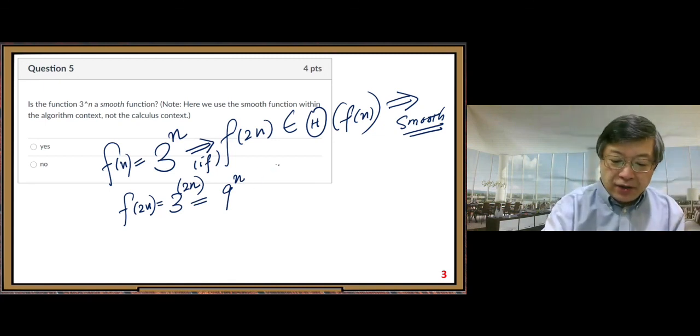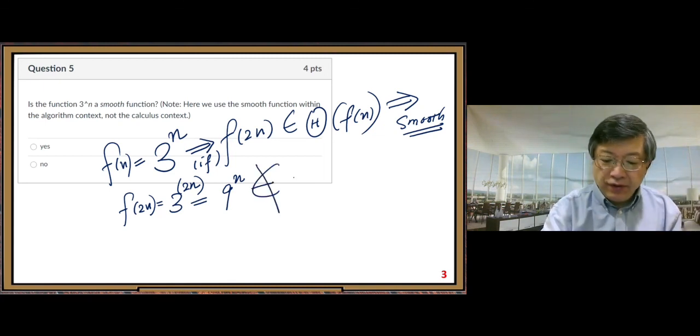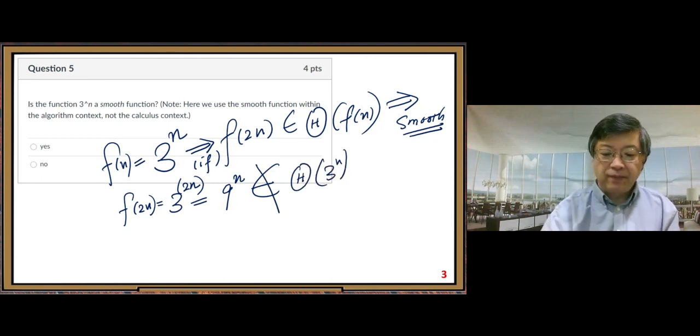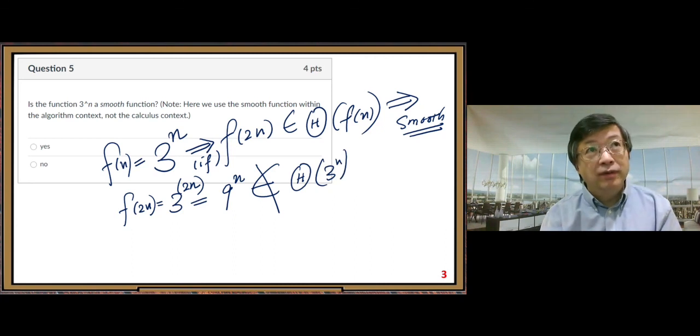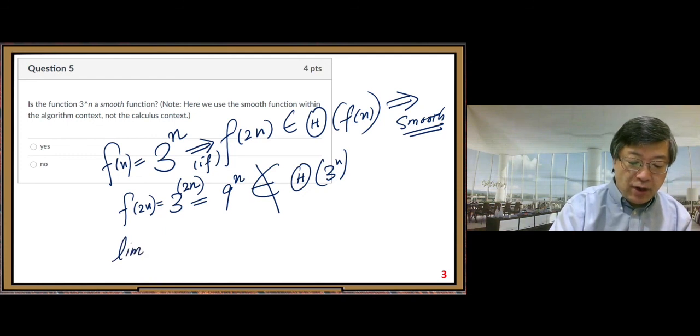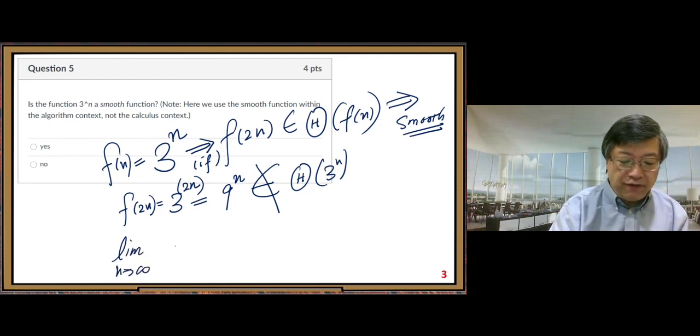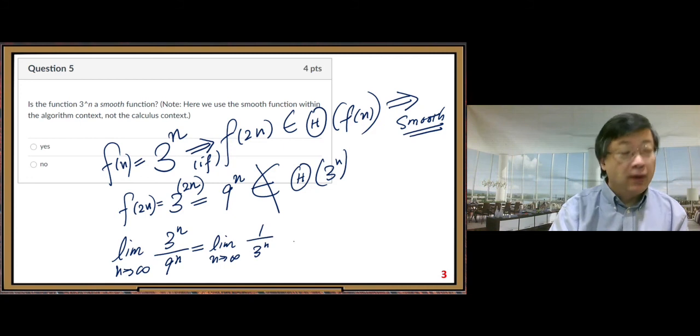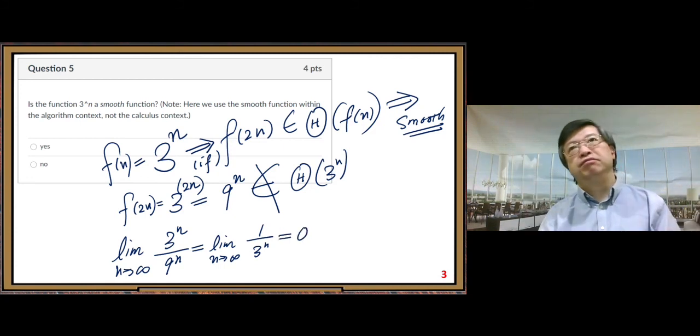Definitely you cannot show it belongs to big theta of 3 to the n. The reason is very simple. Just look at the limit when n goes to infinity, 3 to the n over 9 to the n. After simplification, 1 over 3 to the n. When n goes to infinity, it equals 0.